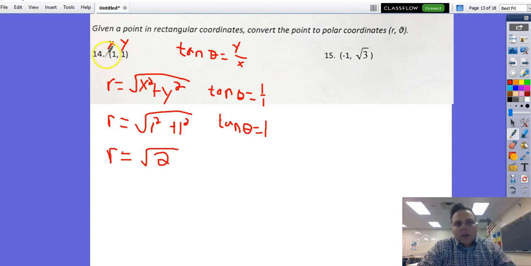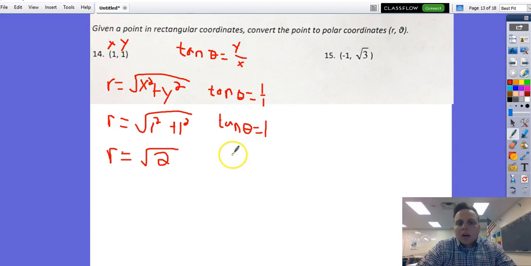Well, just simply ask yourself, where does this point 1, 1 fall? What quadrant does it fall in? Does it fall in quadrant 1, quadrant 2, quadrant 3, quadrant 4? Well, x and y are both positive, so that's quadrant 1. So we need this tangent angle to be in quadrant 1. So which angle, pi over 4 or 5 pi over 4? Which one of those puts you in quadrant 1?